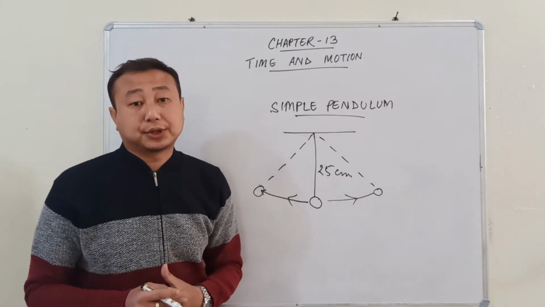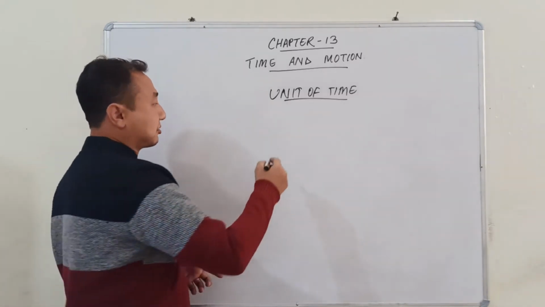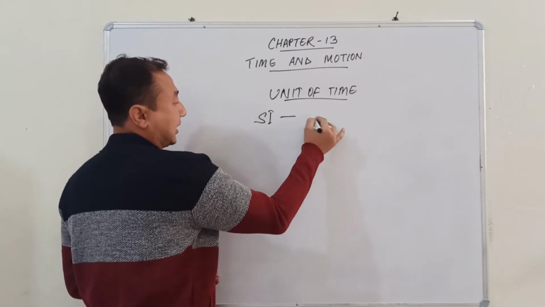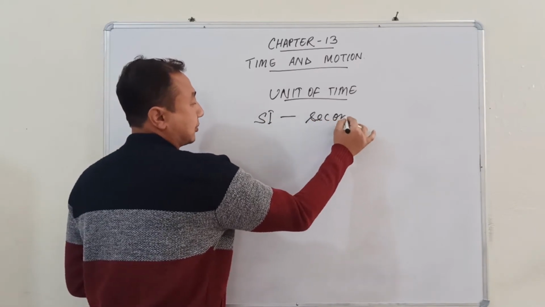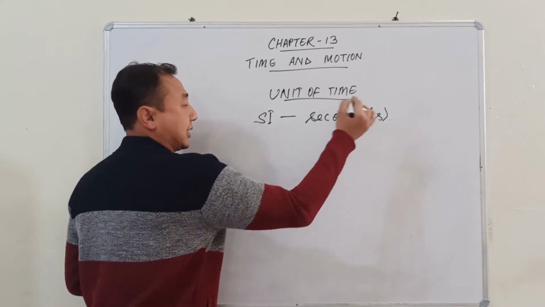Let us see about the unit of time. The SI unit of time is second, represented by small letter s.